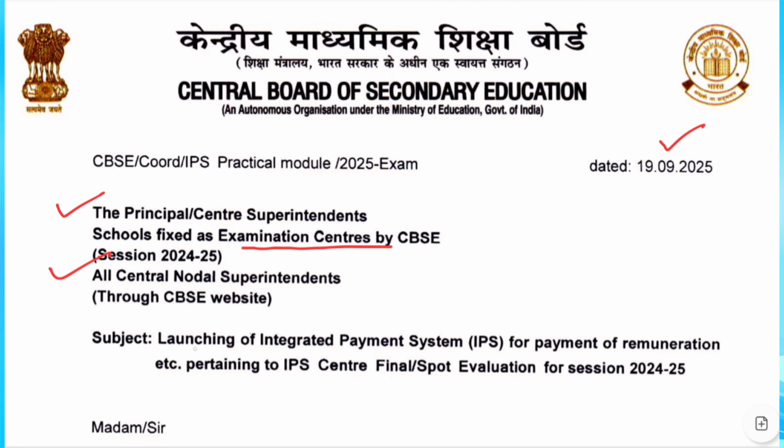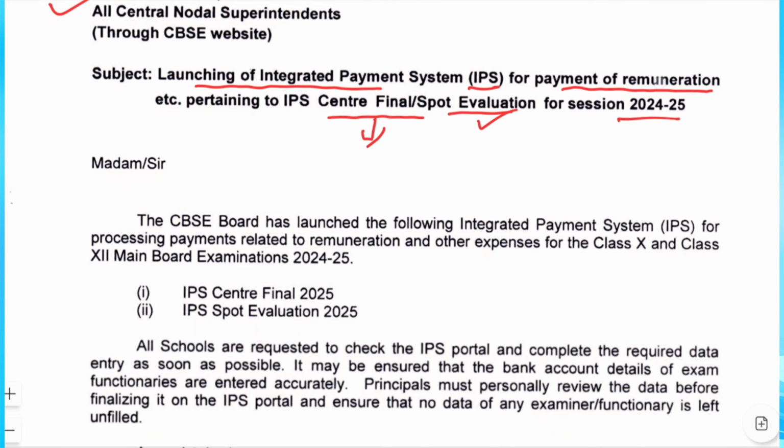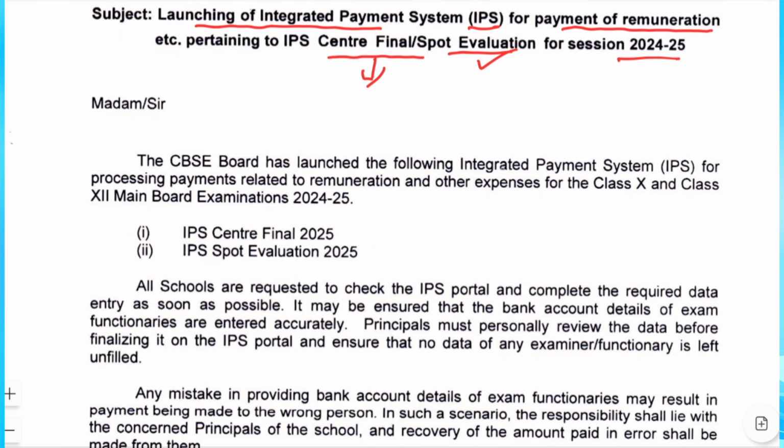The subject of this notice is the launching of the Integrated Payment System, IPS, for payment of remuneration pertaining to IPS center final and spot evaluation. This is for the theory board exam and for paper correction for session 24-25. According to this circular, CBSE has launched the IPS system for processing payment related to remuneration and other expenses for class 10th and 12th main board exams.